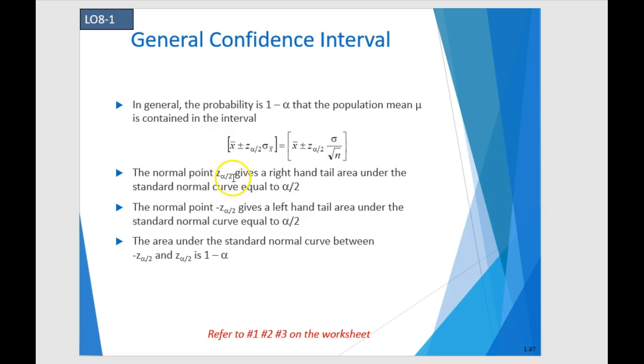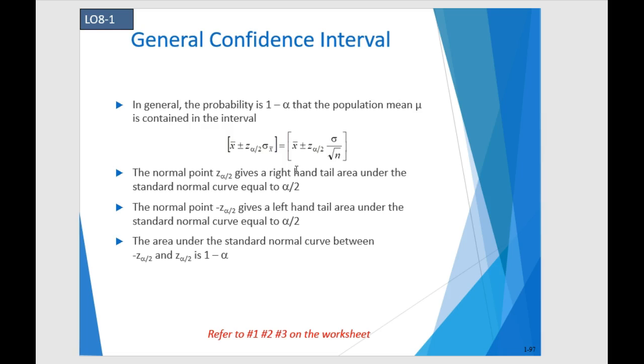The normal point z of alpha divided by 2 gives a right-hand tail area under the standard normal curve equal to alpha over 2. The normal point minus z alpha over 2 gives a left-hand tail area under the normal curve equal to alpha over 2.